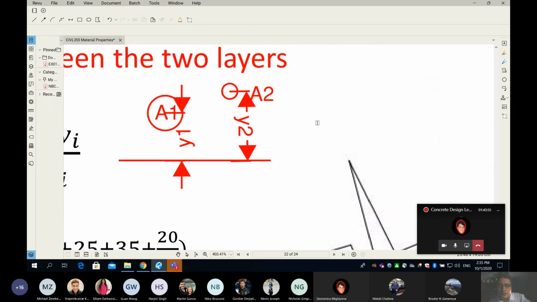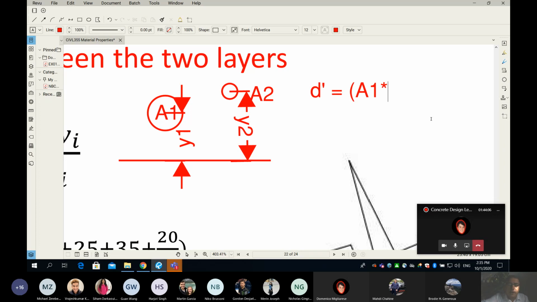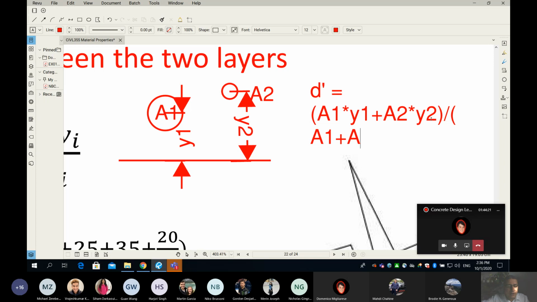My D prime equals A1 times Y1 plus A2 times Y2, and then finally divide by A1 plus A2. I'm not sure if this helps.